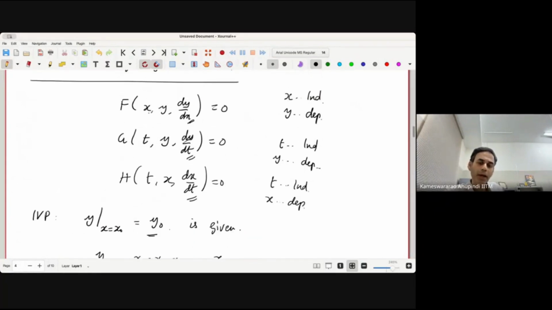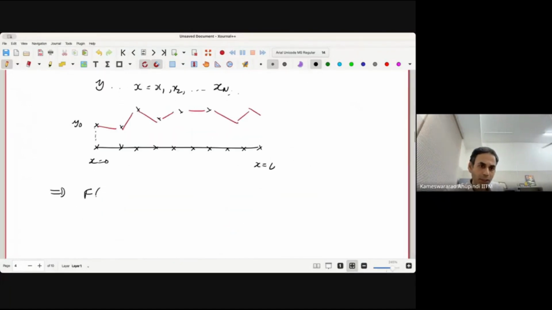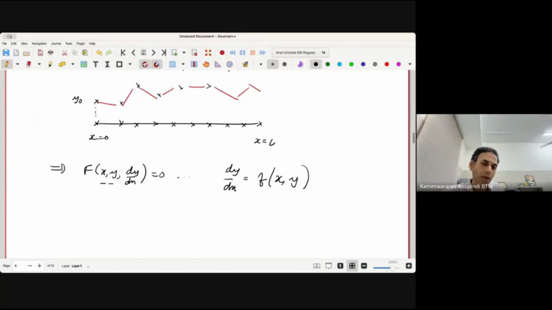So instead of writing f of x, y, dy, dx equal to 0, it is convenient to transform this and then write it as dy dx equals some little f function of x comma y. Okay, that means we are bringing out x and y outside and then writing it as a different function, and then dy dx is written here.